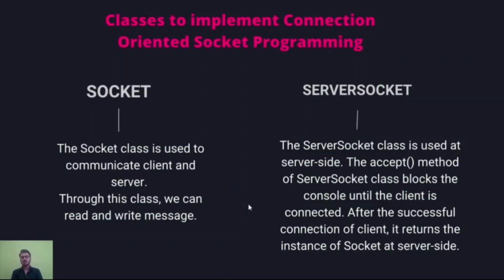And the server socket class is used at server side only. The accept method of server socket class blocks the console until the client is connected. That is, it returns the socket if the connection is established successfully. After the successful connection of client, it returns the instance of socket at server side.